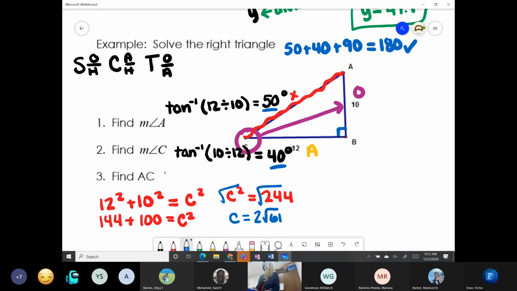So I'm going to get that that's equal to 2 square root of 61, or as a decimal, that's going to be 15.62.